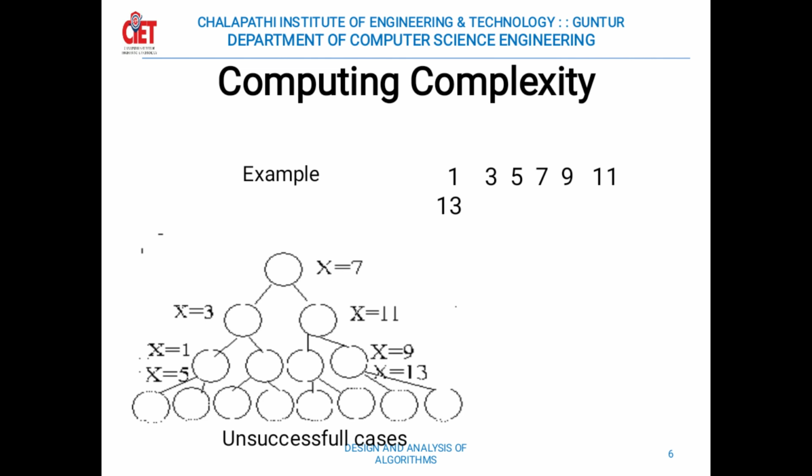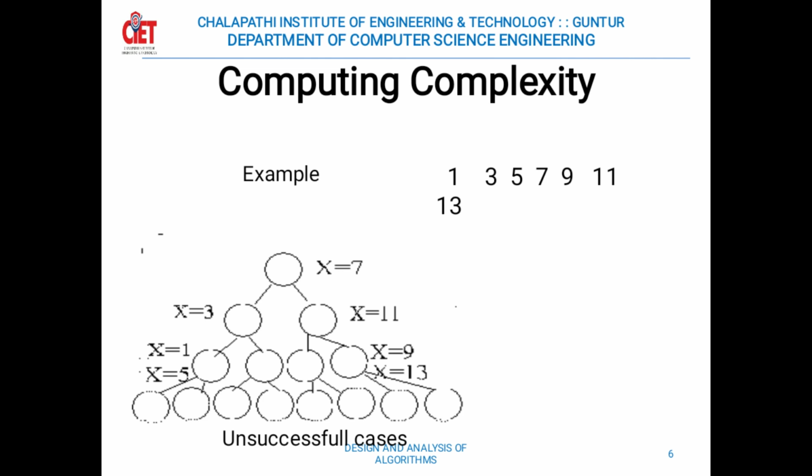In a similar way, on the right side also, first it verifies whether x is equal to 11, because it is the mid element of the right side sublist. If it is equal to 11, stop the search and return the index as 5.